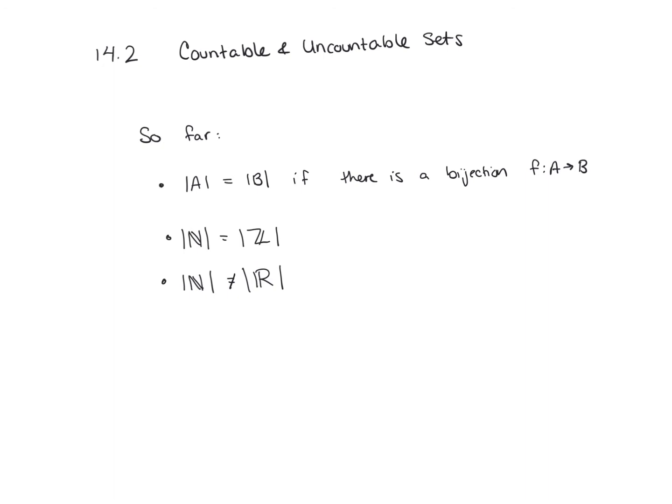Just to recap what we saw in section 14.1, we could say that two sets have the same cardinality if there's a bijection between them. So I say that the cardinality of A equals the cardinality of B if there exists some bijective function f from A to B. We saw that the cardinality of the natural numbers is the same as the cardinality of the integers.